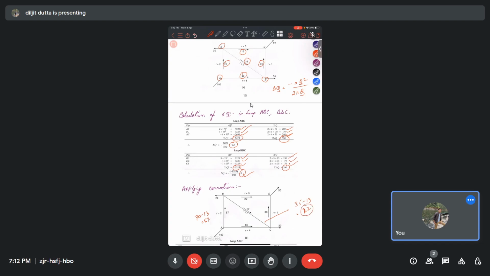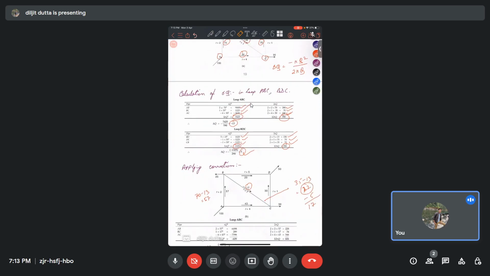Now for the second loop, that is BCD, there was a positive delta Q, but the flow was going anti-clockwise, so there will again be a subtraction of 5, so it will be 17. For AC we have anti-clockwise flow, so 30, and you have to add 13, so it will be 43.